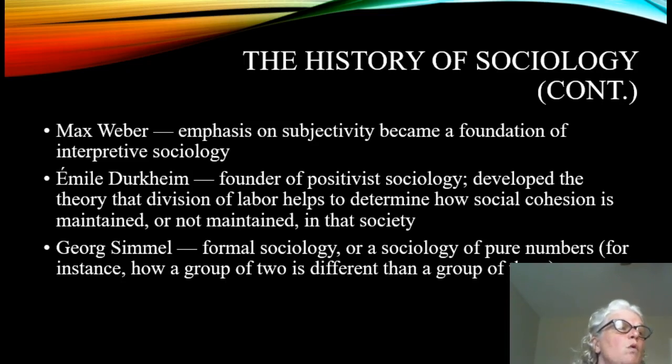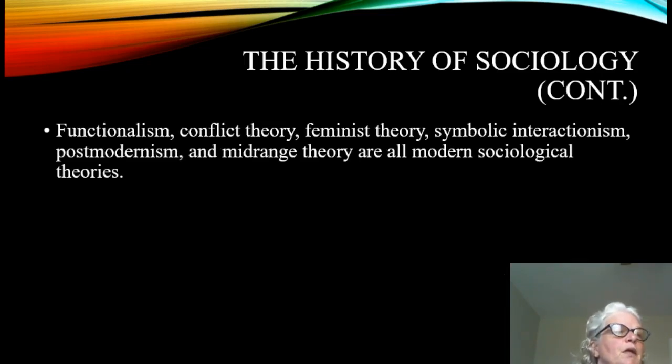I mentioned him earlier in this quick video, that he talks about the stranger, the introduction of that outside person, and how that stranger affects a group, whether it be a group of two or three or a larger group, and the difference in the cohesion of the group and how it fits within society.